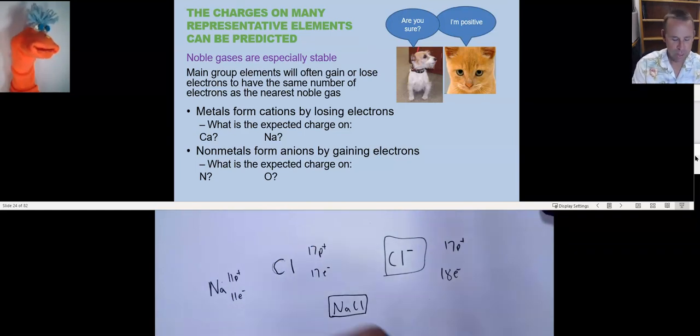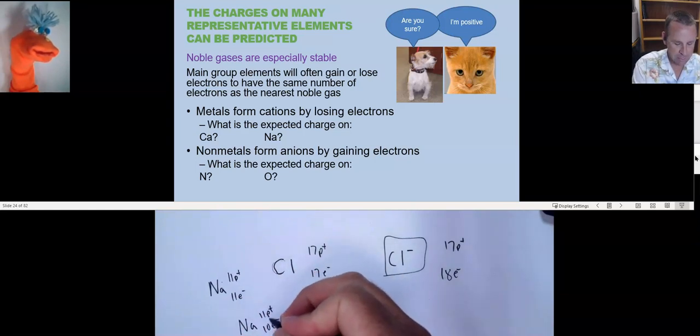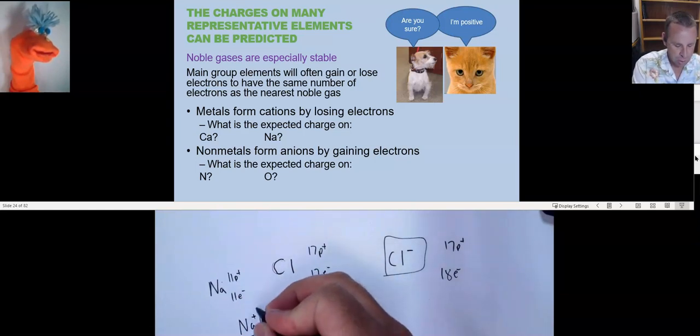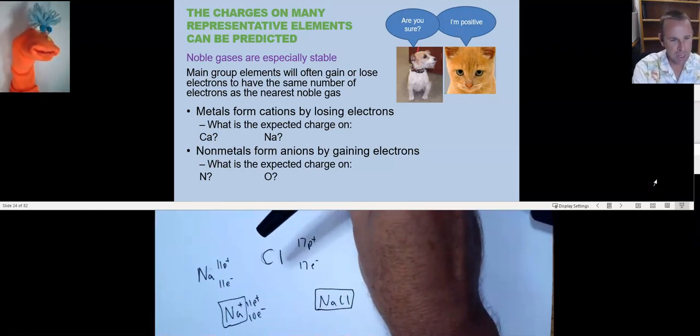Just 10. And the result would be 11 protons and 10 electrons, and it'd have more of a positive charge. So I indicate that by putting a positive charge up there by the sodium. So this is called the sodium ion.